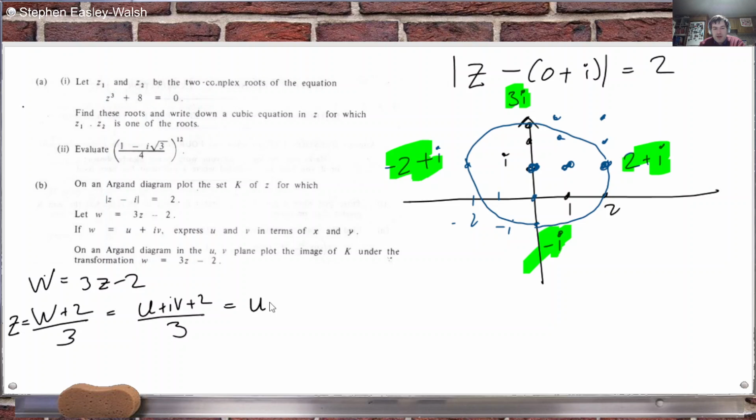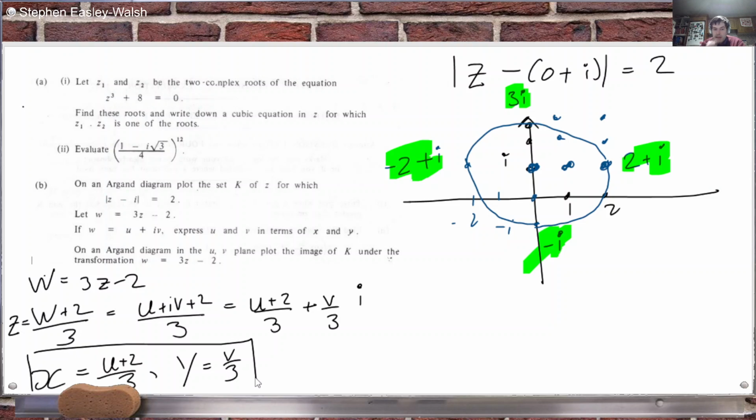So that's U plus 2 over 3 plus V over 3 i. And Z, remember, is X plus iY. So that means X is equal to U plus 2 over 3, and then Y is equal to V over 3. And then plot the image.